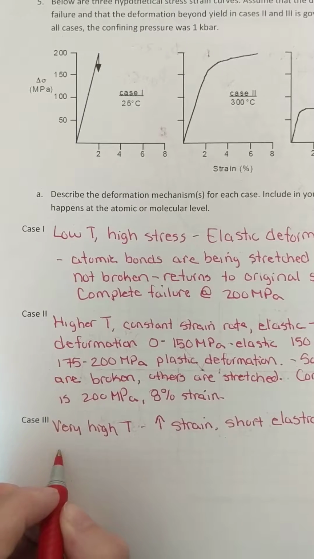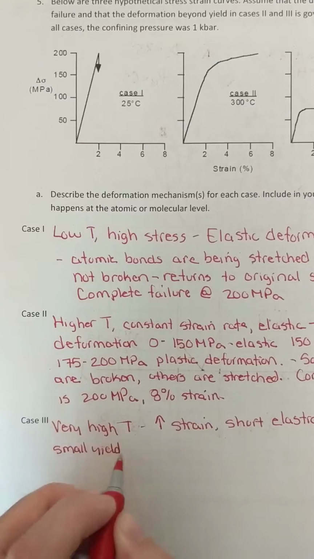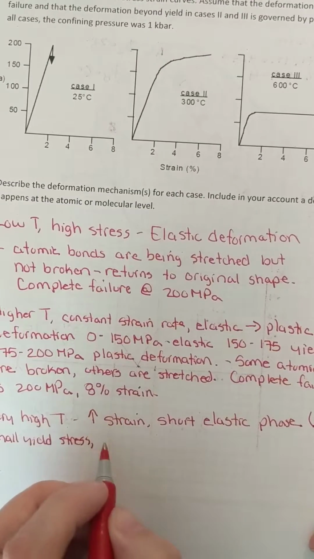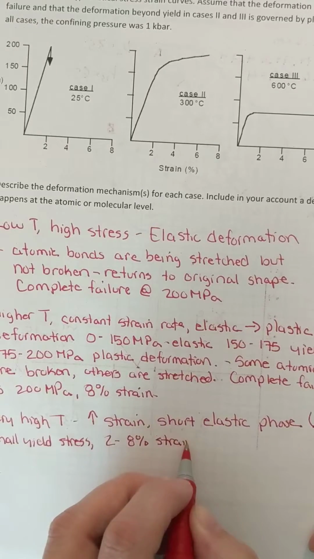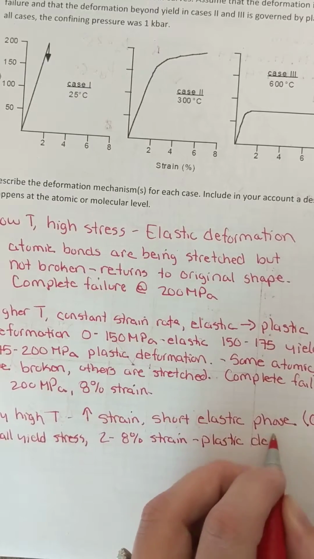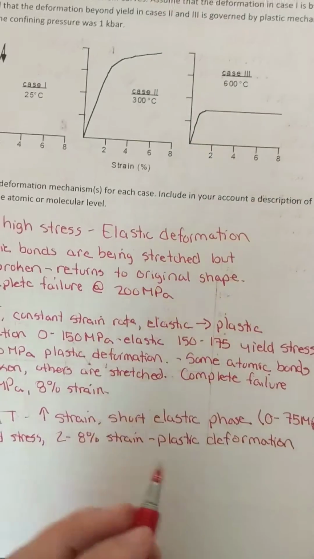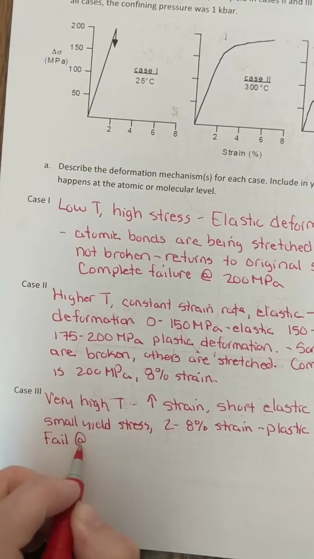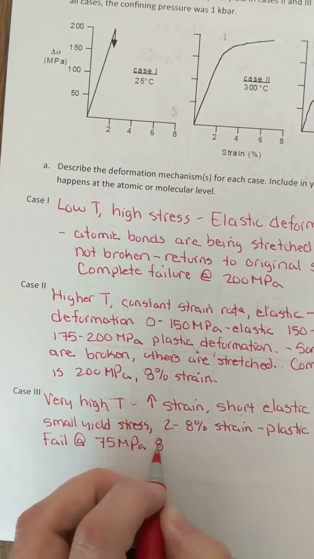And then it transitions to, there's a small yield stress, and then basically from 2 to 8% strain, you have your plastic deformation. And you can interpret it at failing at about 75 megapascals and 8% strain.